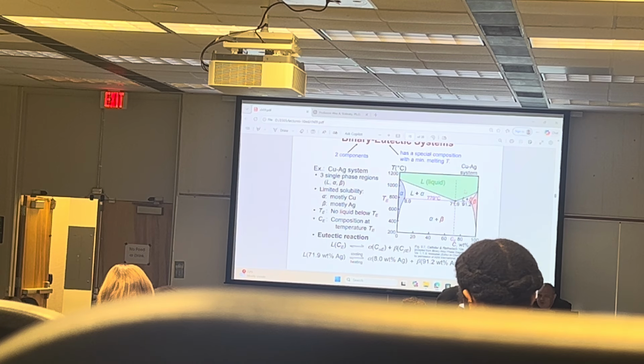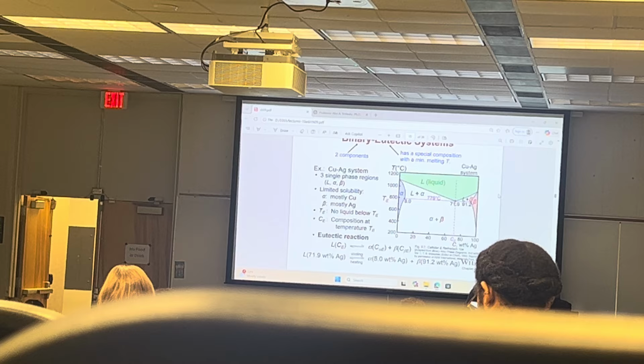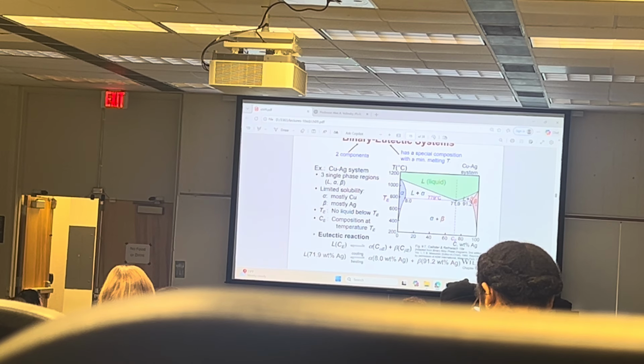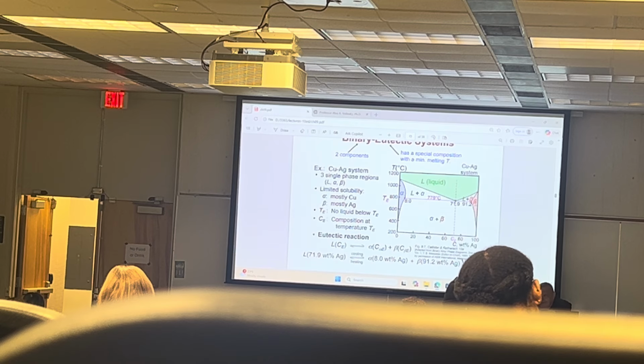Look, how do you find it from this phase diagram? Okay, well this is 100% silver. Let's go up. Alpha plus beta. Here's beta. Beta is what? Solid or liquid? Liquid. Yes?